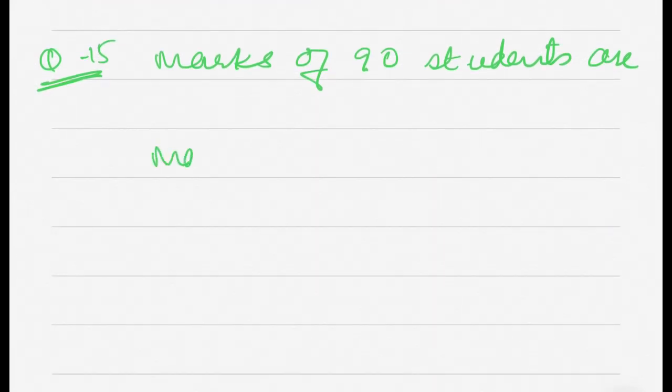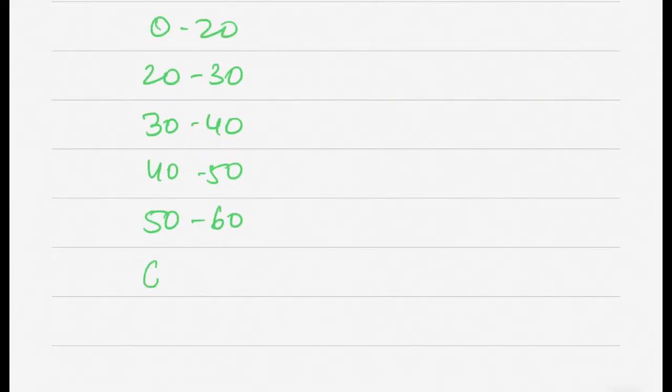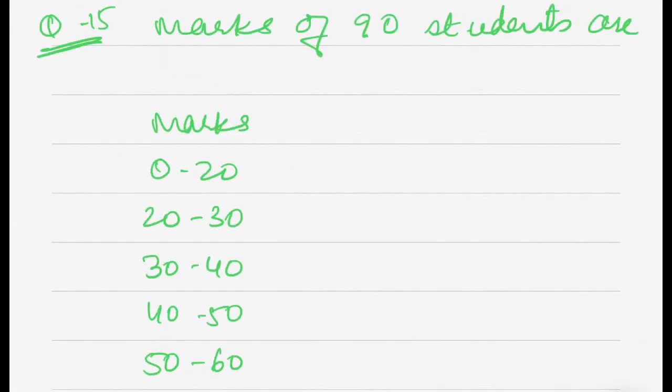Suppose the marks are 0 to 20, 20 to 30, 30 to 40, then 40 to 50, 50 to 60, 60 to 70, and 70 to 80. These are all marks out of 100.